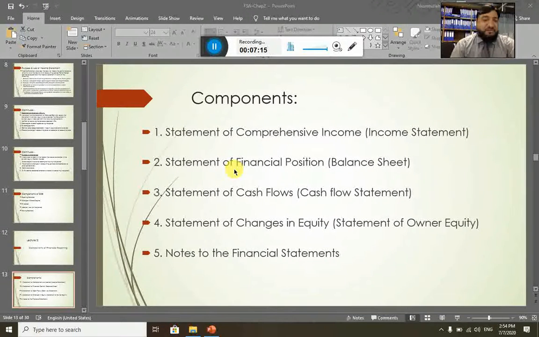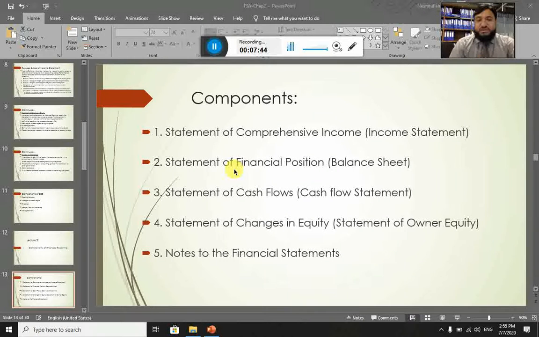Basically, cash flow statements talk about the cash inflow and cash outflow from the organization in three different areas: first operating activities, then investing activities, then financing activities. At the end, net cash flow is found, and that net cash flow is shown on the balance sheet in the cash and cash equivalent portion.